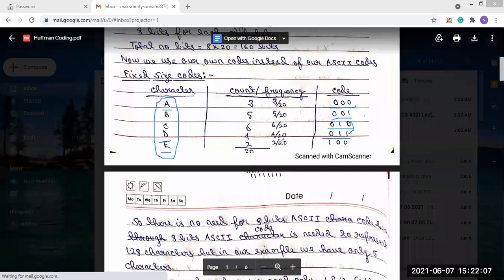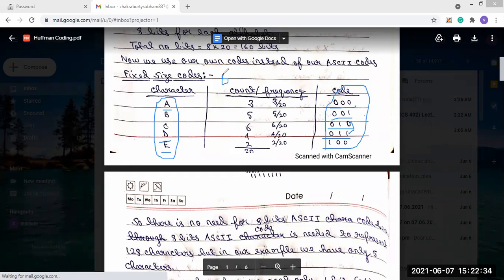Same for E. After D, E comes, so after 011, the next will be 100. So now we have represented it using a 3-bit code. That's how fixed-size codes occur. So now, what will our message be?